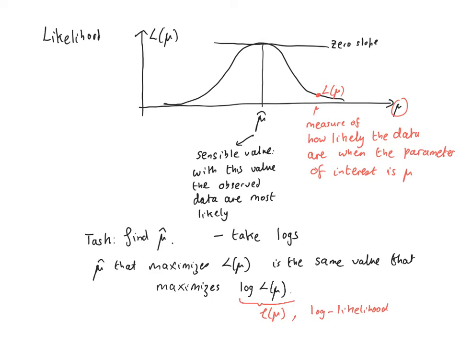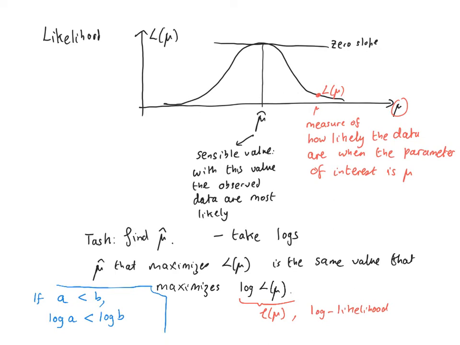And you might like to think about why what I've just said is correct, why we can work with the log and not the original function. The basis of the reason is that if we have a number a that's less than b, then the log function preserves that relationship. So log a is less than log b.